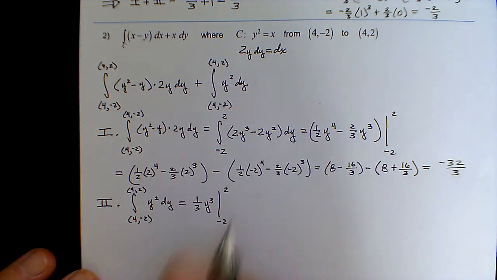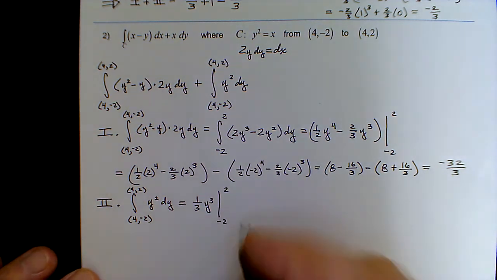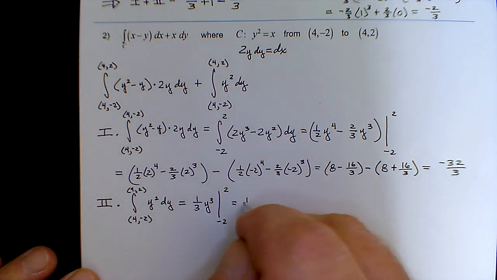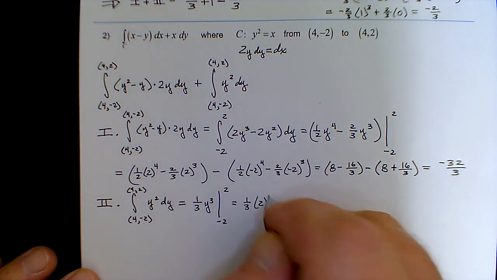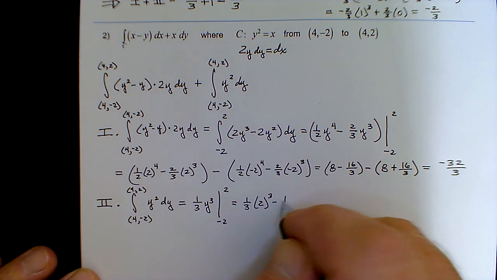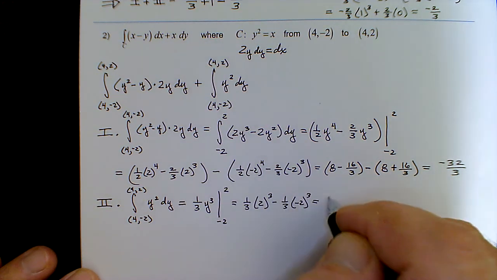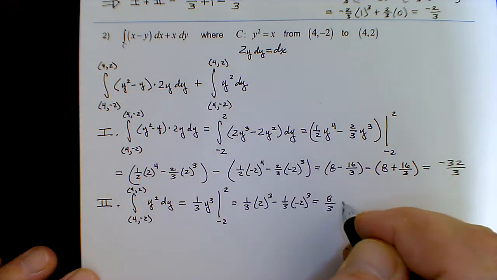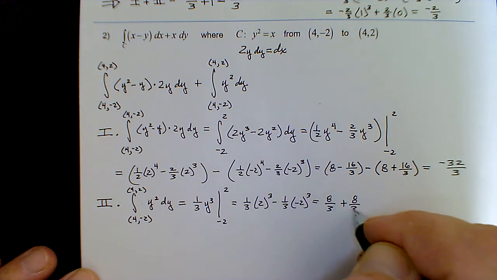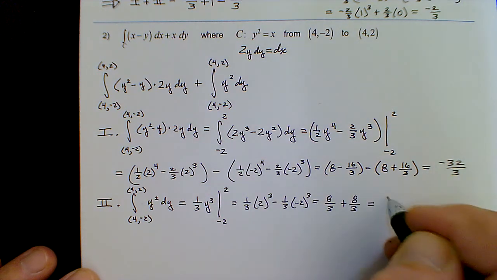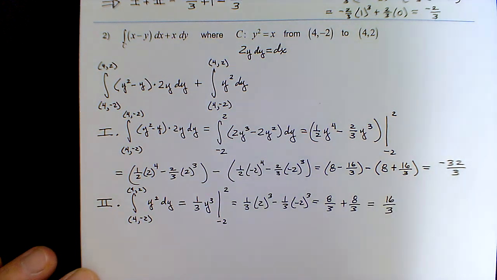So upper limit goes in, 1/3 times 2 cubed, minus lower limit goes in, 1/3 times negative 2 cubed. That'd be 8/3 plus 8/3, or 16/3.